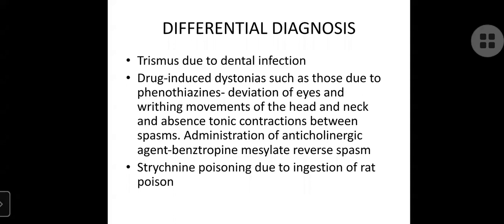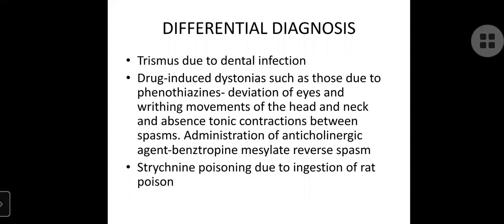Then we have drug-induced dystonia, such as that due to phenothiazine. These patients have deviation of the eyes and some twisting movements of the head and neck. They also have these contractions, but they have absent tonic contractions and spasm.